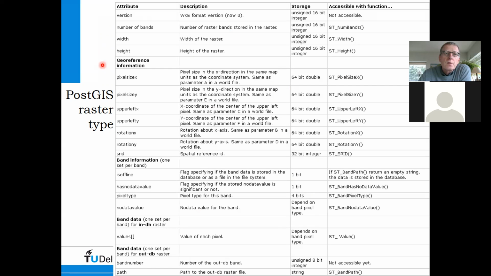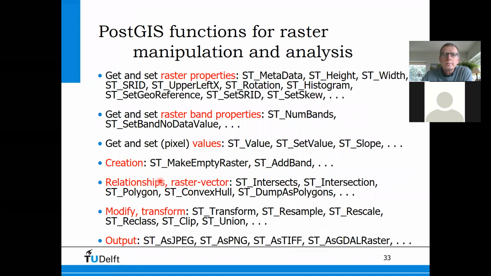You can give an indication of the pixel size, indication of the lower left coordinate. You can specify a rotation angle, spatial reference system. You can have separate information on the various bands. So yeah, you really need this information to understand your raster data.